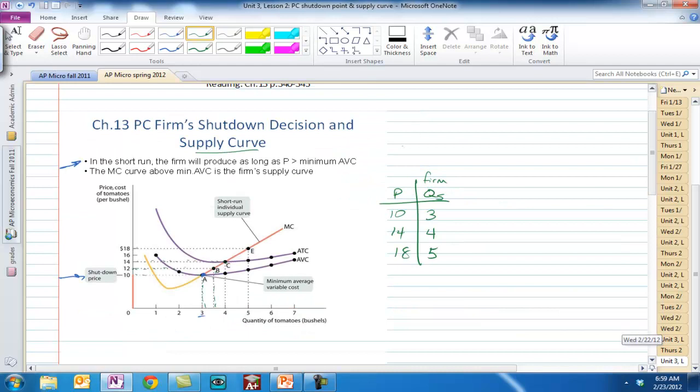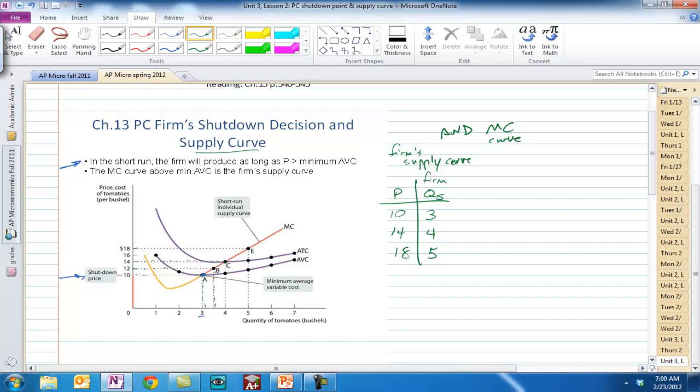So this is a supply curve. This is the firm's supply curve, because a supply curve is just a relationship between at different prices, what is the quantity the firm is going to supply. And notice what this also is. This is also a graph of the firm's marginal cost curve.